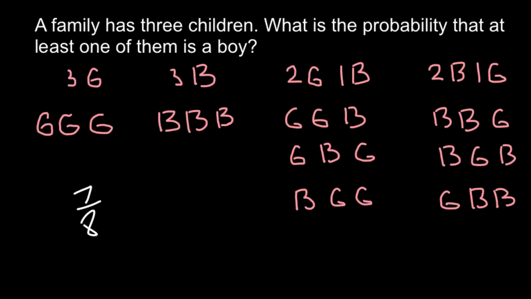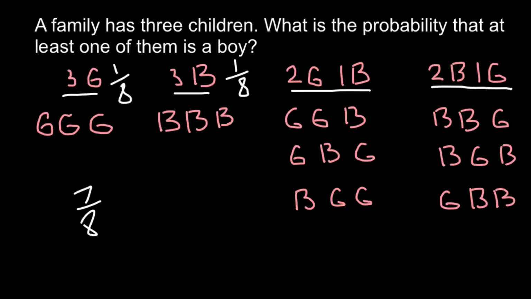The first wrong answer was based on the assumption that all these variants happen with the same frequency. So 1/4, 1/4, 1/4, and 1/4. And this is wrong. As you see, this variant happens with frequency 1/8. This variant also happens with frequency 1/8.